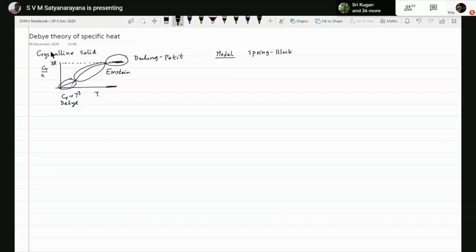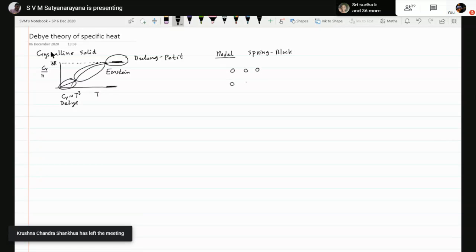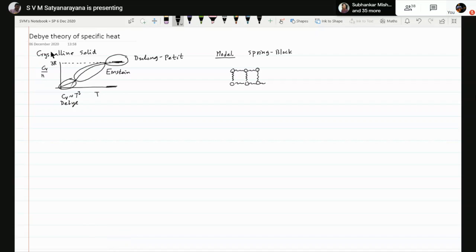So just to recall, you have these blocks that represent atoms, and the bonds between them are represented by springs. I'm just writing some representative number of atoms, and you have a model like this.